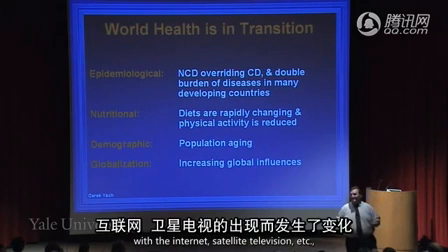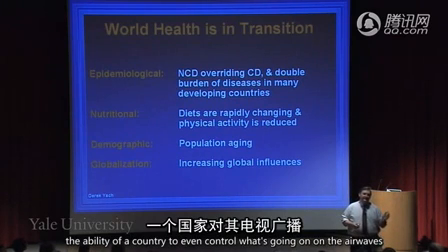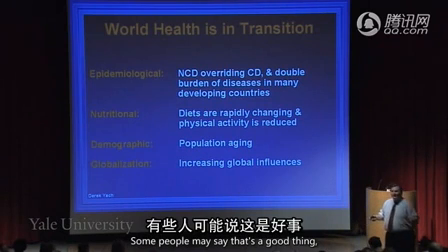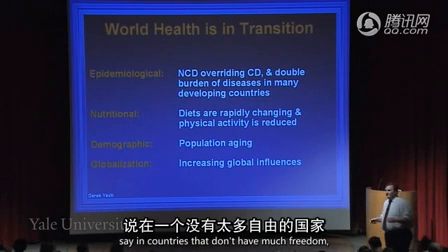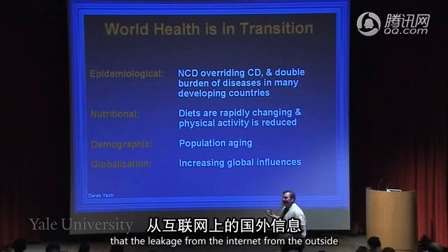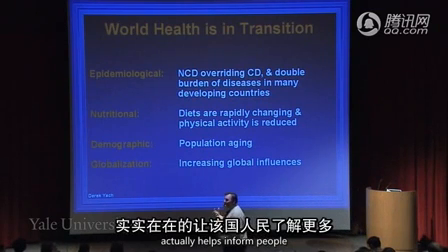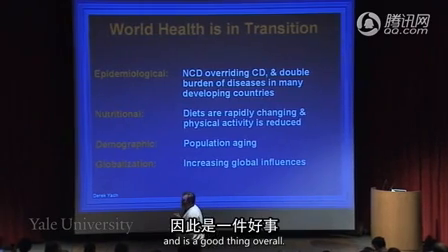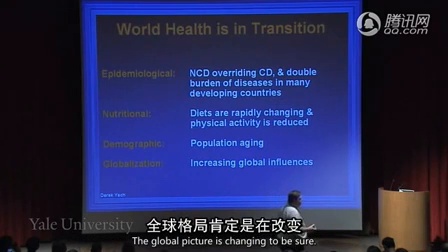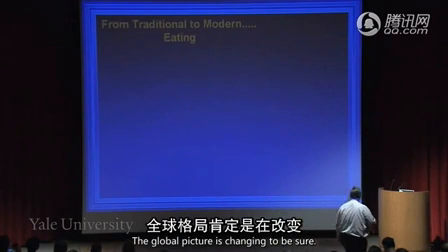With the internet, satellite television, etc., the ability of a country to even control what's going on the airwaves or over the computer is very limited. Some people may say that's a good thing, say in countries that don't have much freedom, that the leakage from the internet from the outside actually helps inform people and is a good thing overall. But there may be some negative consequences in terms of food marketing and things like that. So the global picture is changing, to be sure.